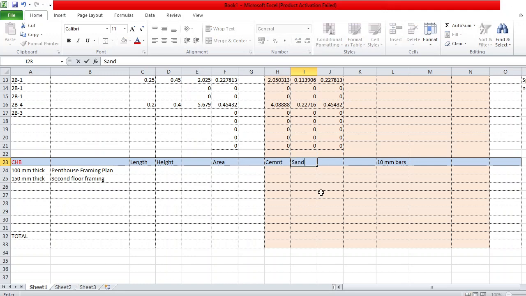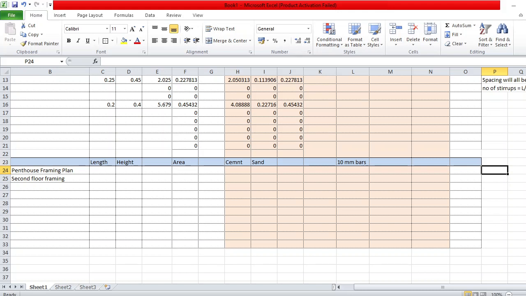Now, when we say 10 mm bars, that is its reinforcement. You are to consider that the 10 mm bars for a certain area have a spacing of 0.6 meters.